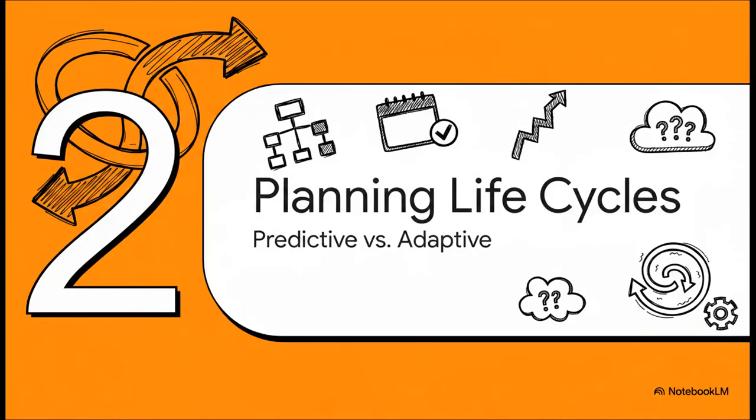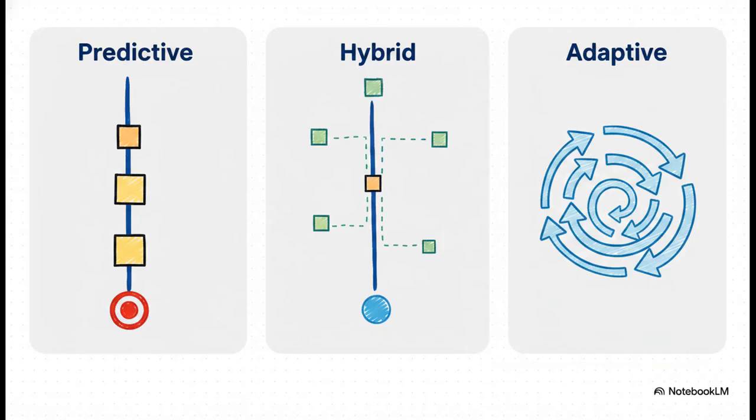Moving right along to Section 2, predictive versus adaptive approaches, planning across life cycles. Let's see how our planning shifts when we change methodologies. Looking at this comparison, you can really see how the planning shifts depending on your life cycle. Over on the predictive side, it's all about that detailed upfront planning.